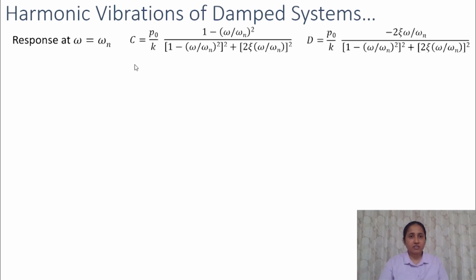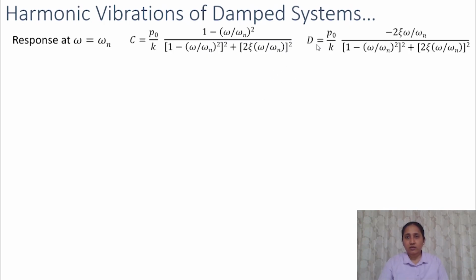So we have the expressions for the constants C and D. When omega is equal to omega n, this ratio will become 1 and C will be equal to 0, because this numerator will become 0.